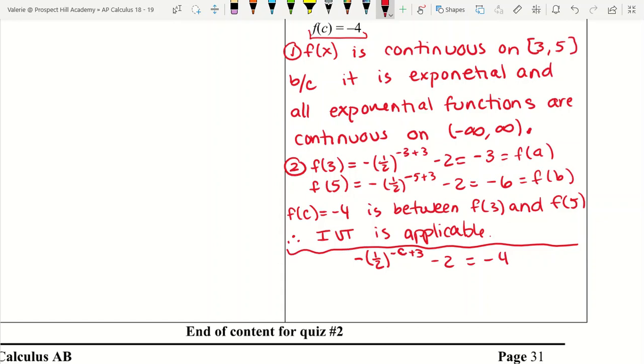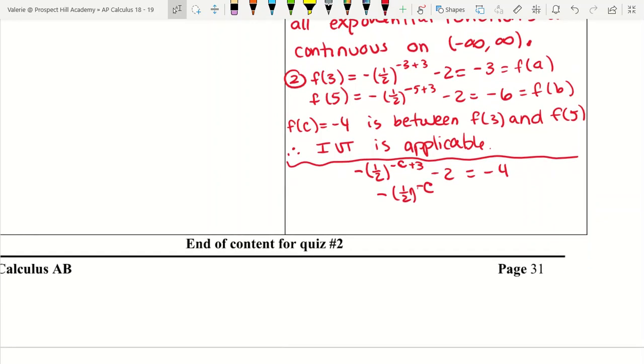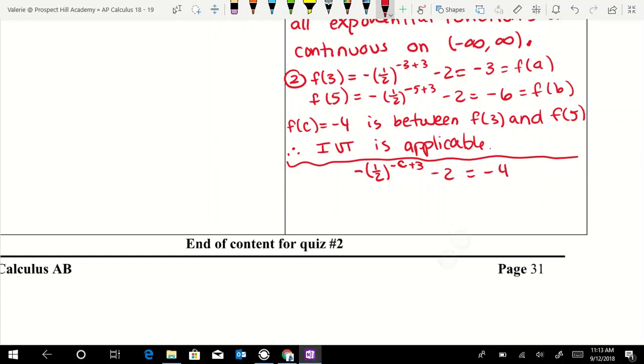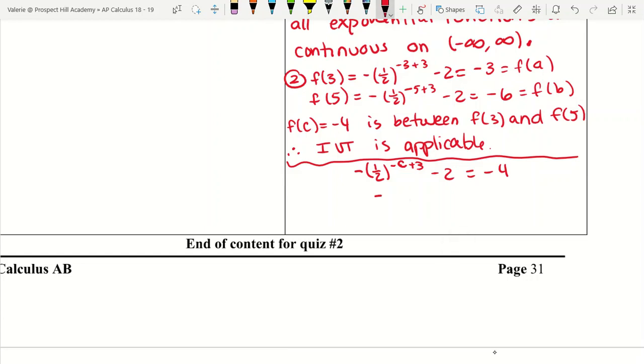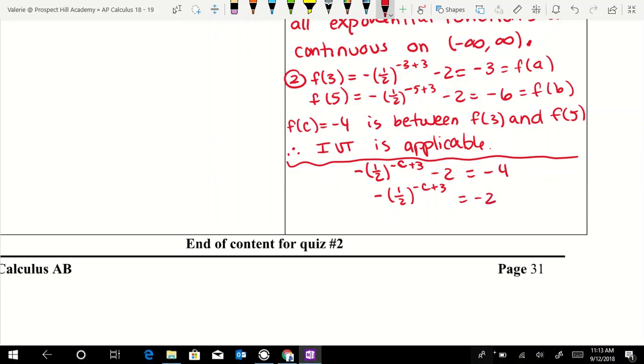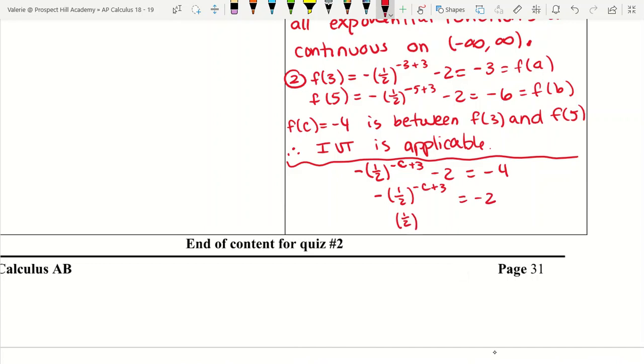So now we're just going to solve just like we do algebra. So negative 1/2 to the negative c. All right, the closer I get to the bottom of my computer, the more wonky my pen gets. So negative 1/2 to the negative c plus 3 equals negative 2. 1/2 to the negative c plus 3 equals 2.